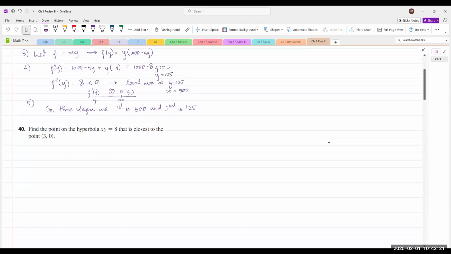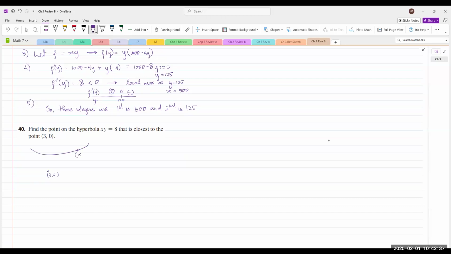Number 40. Find the point on the hyperbola xy equals 8 closest to the point (3, 0). Let's say this is point (3, 0), and that's the curve.